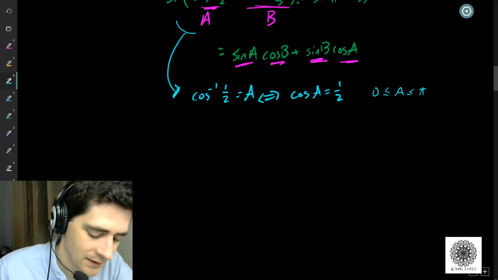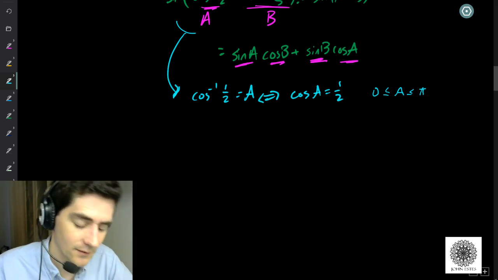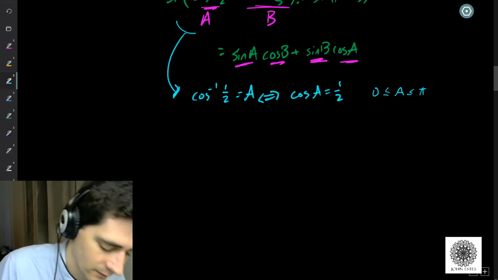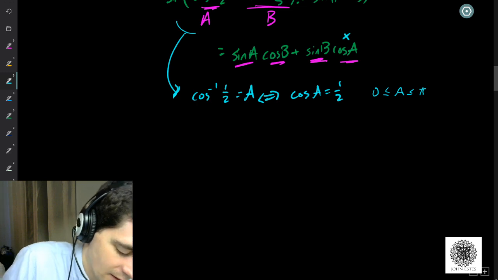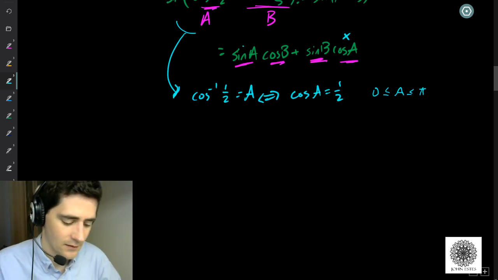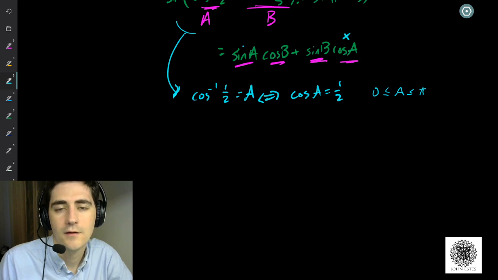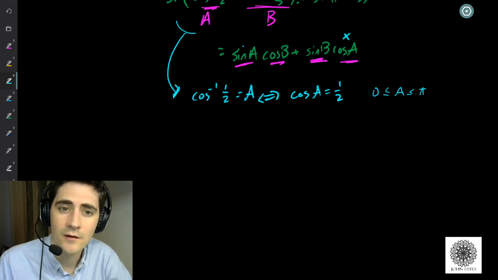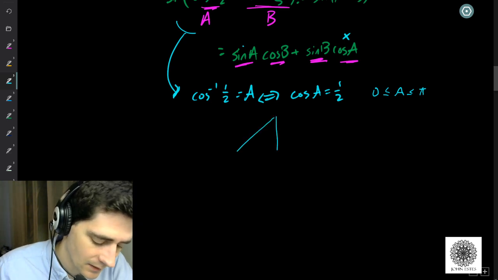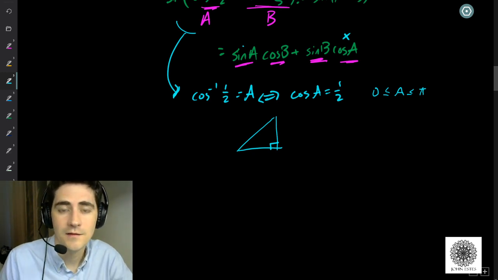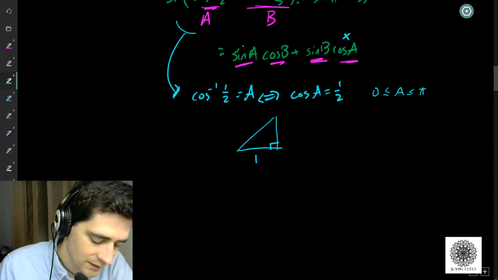But if I have that, then I know cosine A. Can I figure out sine A? Well, yeah, and you could do that either from identities or a triangle. I'll do one of each. For the first one, let's do a triangle here. So I have a right triangle. Cosine is adjacent over hypotenuse. So that means I have one side, the adjacent side, here's A, by the way. The adjacent side is 1, the hypotenuse is 2.